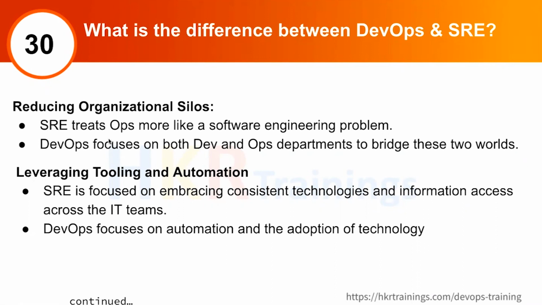So this is reducing organizational silos. SRE treats ops more like a software engineering problem, and DevOps focuses on both dev and ops departments to bridge these two worlds. From a tooling and automation perspective, SRE is focused on embracing consistent technologies and information access across the IT teams, and DevOps focuses on automation and the adoption of technology.